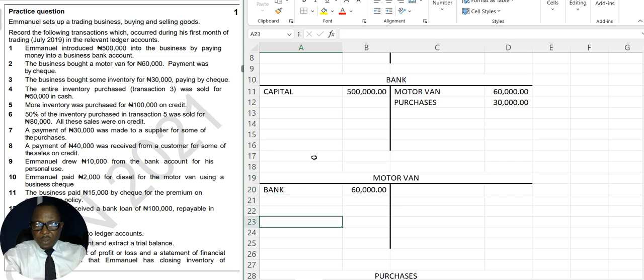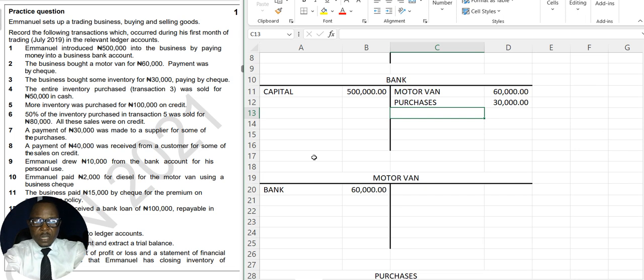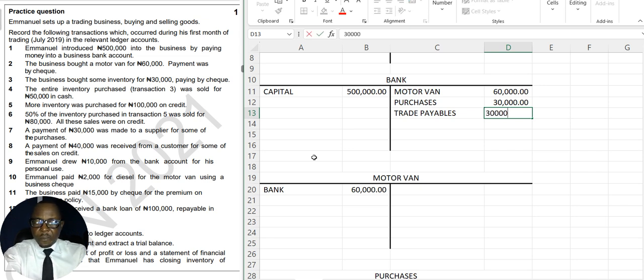Bank should pay this out. That's trade payables. Trade payables is receiving how much? 30,000. Then you come to trade payables.